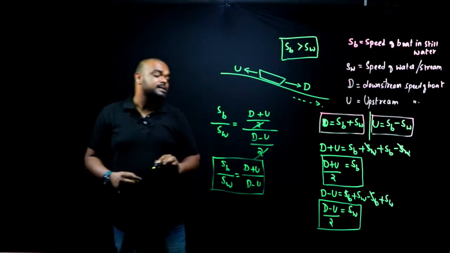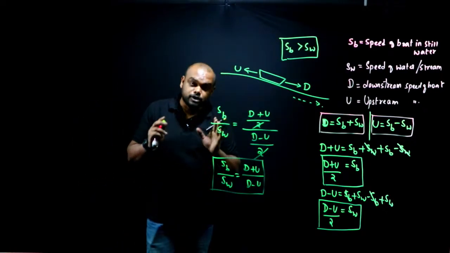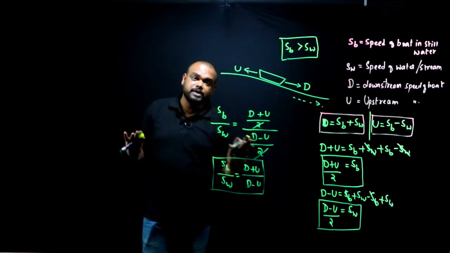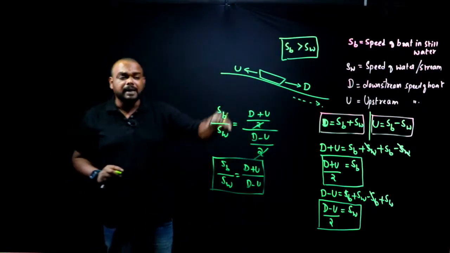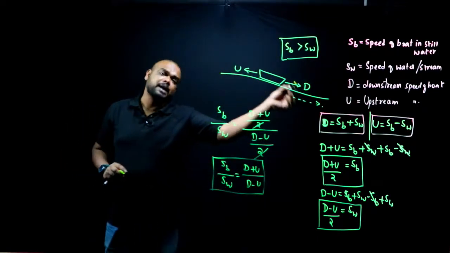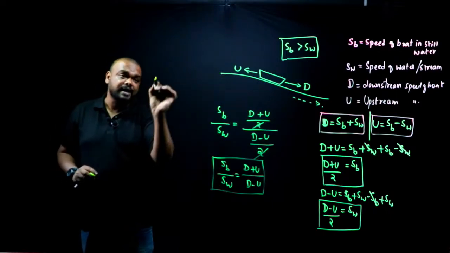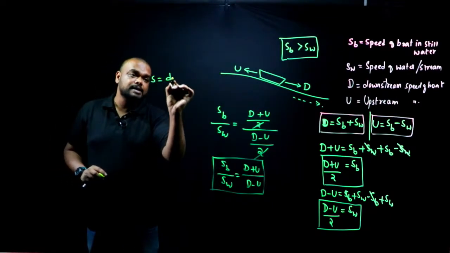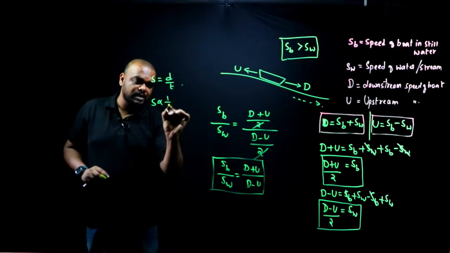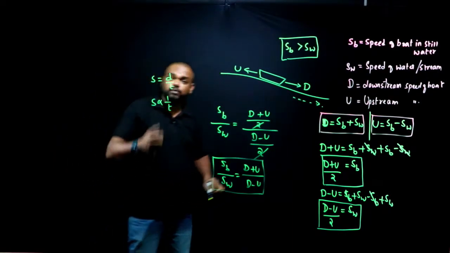Okay, so this is about the basics of downstream and upstream, boats and streams. Now apart from this, do not think that this is a completely different topic. Downstream is one speed, upstream is one speed, but do not forget, speed is always distance traveled by time taken, and speed is always inversely proportional to time. It doesn't matter which speed it is.